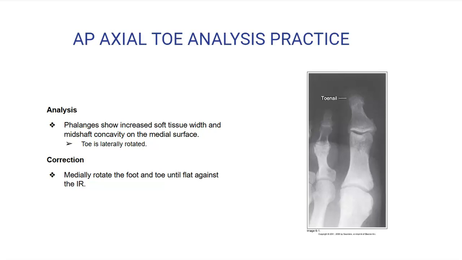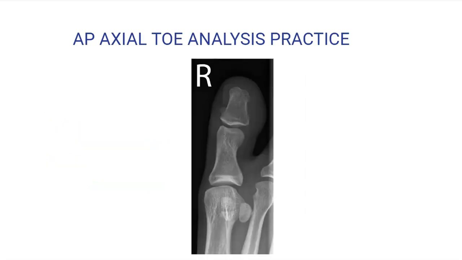In order to correct this, we need to rotate the foot and toe until they are flat against the image receptor. I'll give you time to analyze this practice analysis and answer the following question.